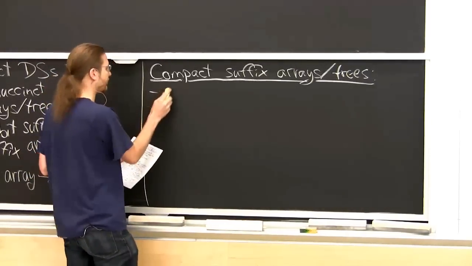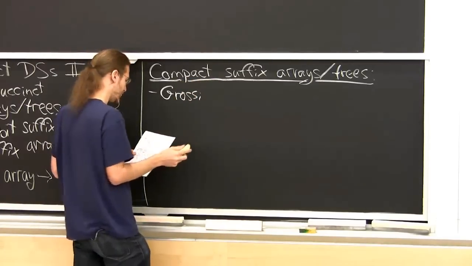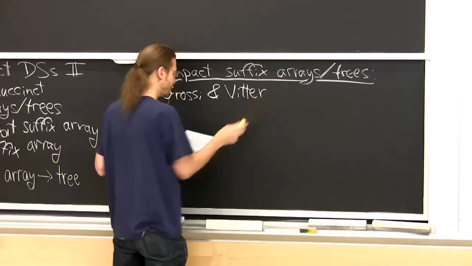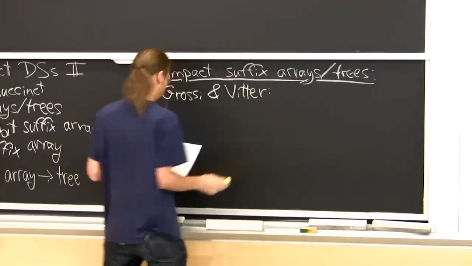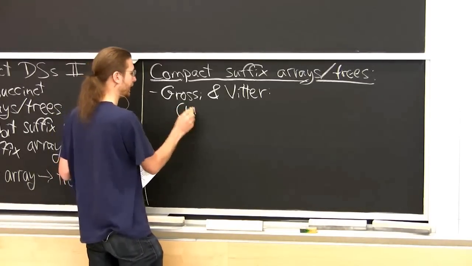So the first result on this topic that got a compact suffix array is by Grossi and Vitter. This was in spring of 2000. And let me tell you the bounds that they achieve. This is actually the solution that we're going to look at.